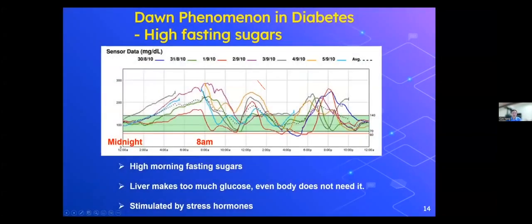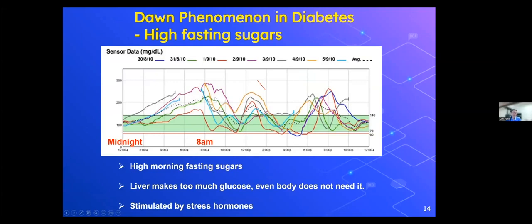This is reflected in what we call CGM, continuous glucose monitoring. We monitor the sugar levels 24 hours a day. You can see some patients always have high sugars in the morning. At night it was fine, but going to bed without eating anything overnight, the sugars go up to the 200s.